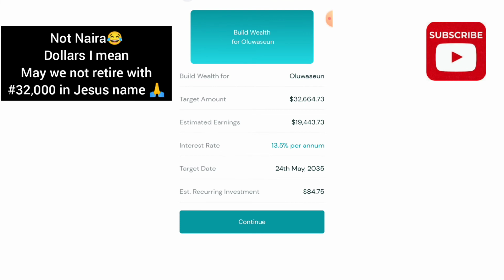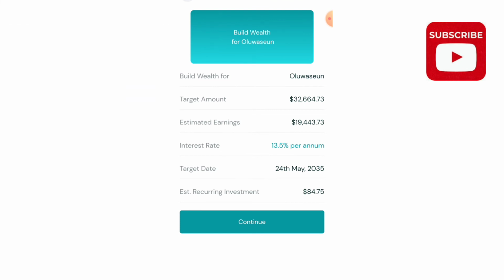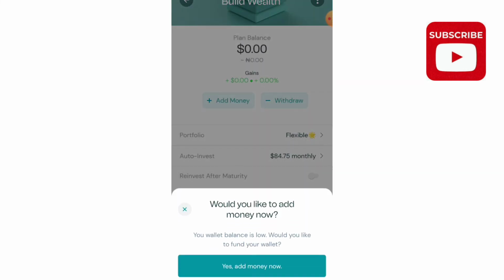My estimated earnings on this money would be $19,000, the target date is 24th of May, and my recurring investment, how much I need to set aside every month, would be $84. This is a fantastic way to plan for retirement. Trust me, it is. Then I click on continue.